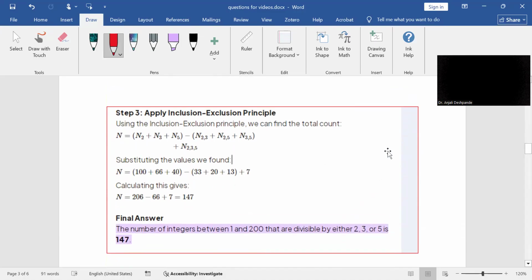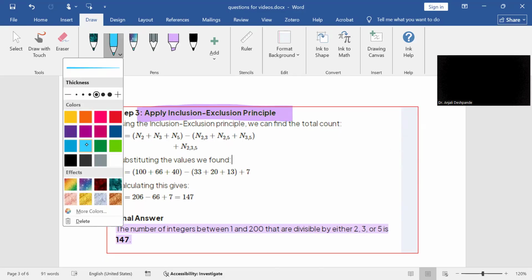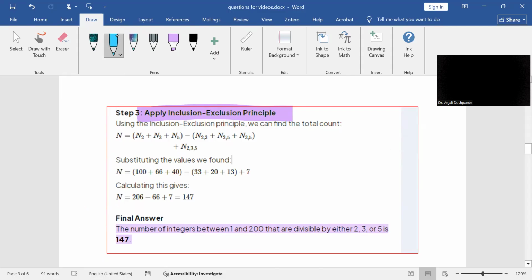It is time to apply the inclusion-exclusion principle, with which we can find the total count. First, we have the multiples of 2, the multiples of 3 and the multiples of 5, and we are going to add them.